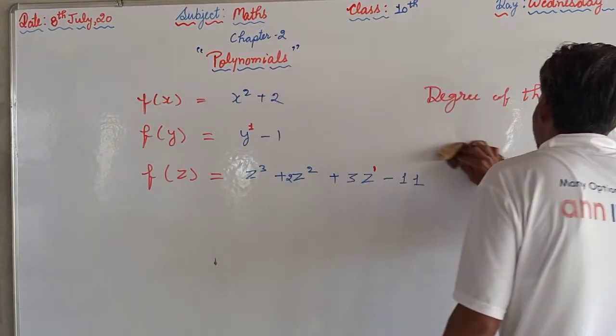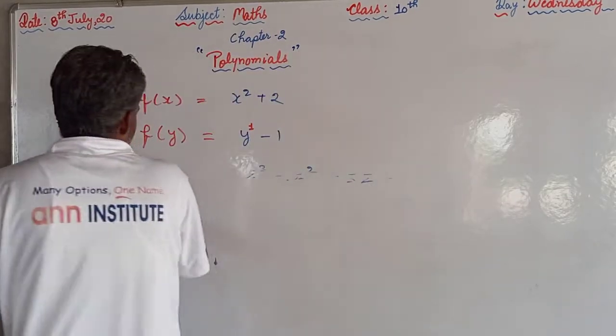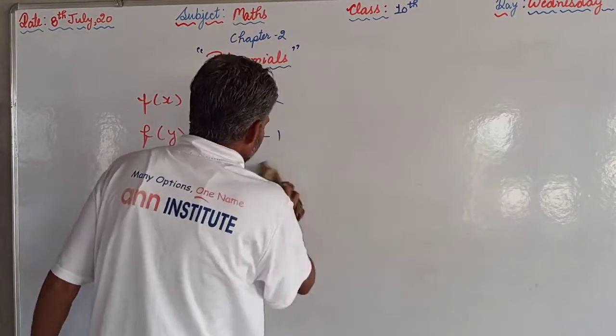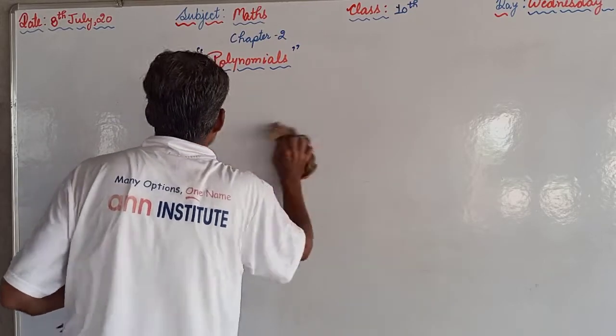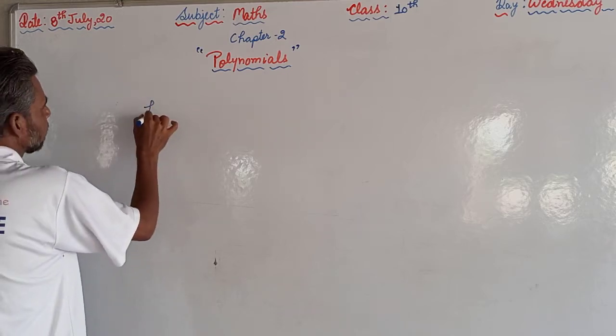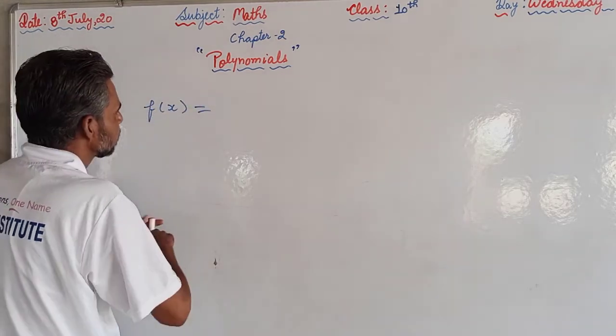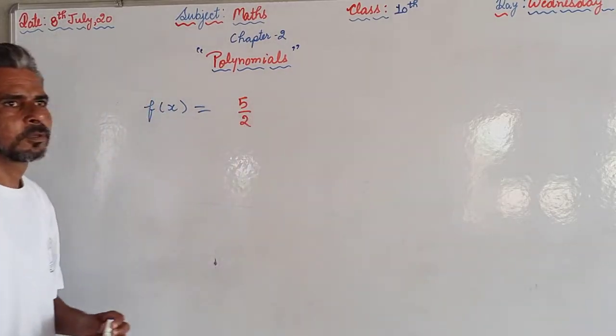Now we are supposed to discuss the other aspects of the polynomials. f(x) equals 5 upon 2.